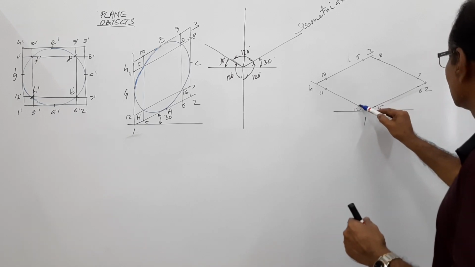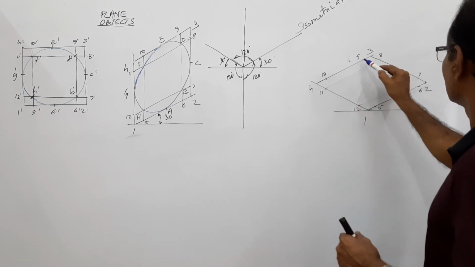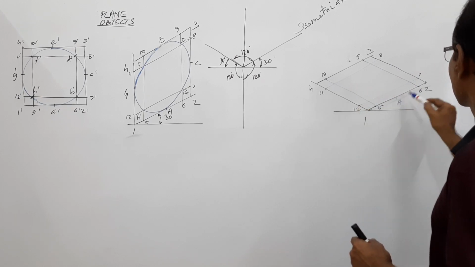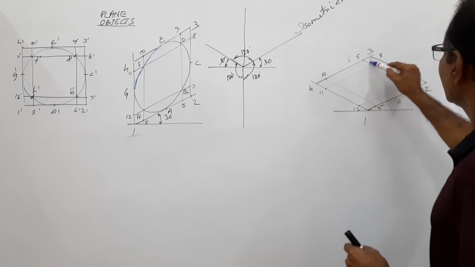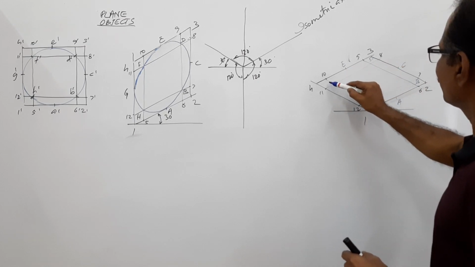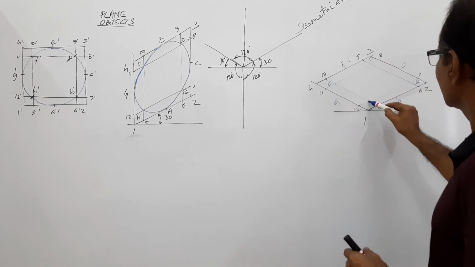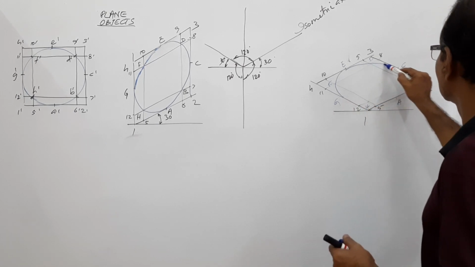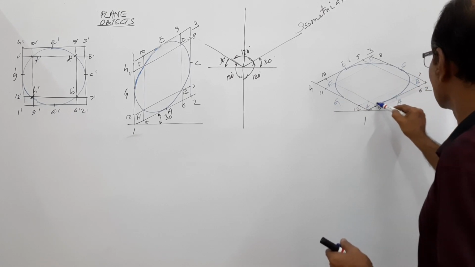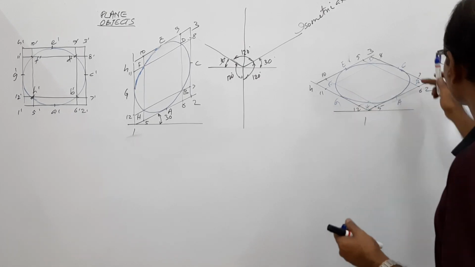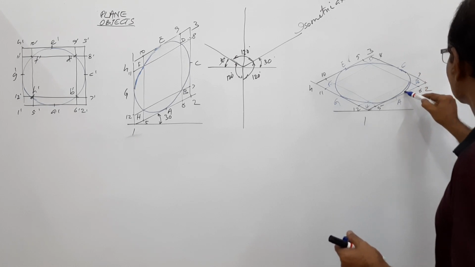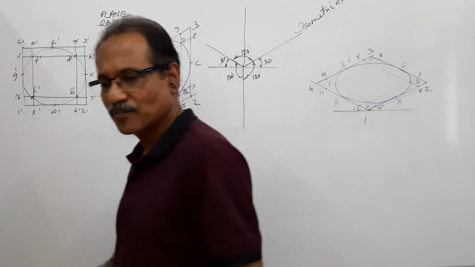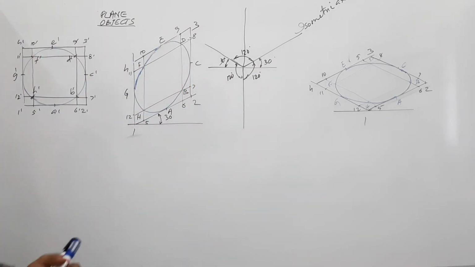Connect them. A, B, C, D, E, F, G, H. Connect all these points. You get an ellipse. What is this? This is the isometric view of the circle seen in the plan.